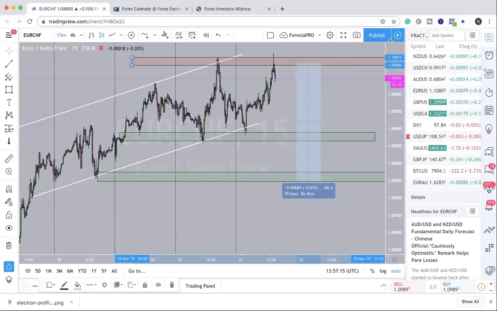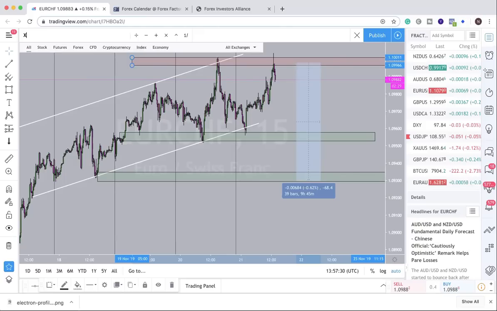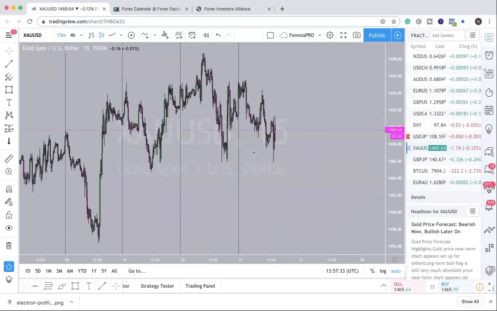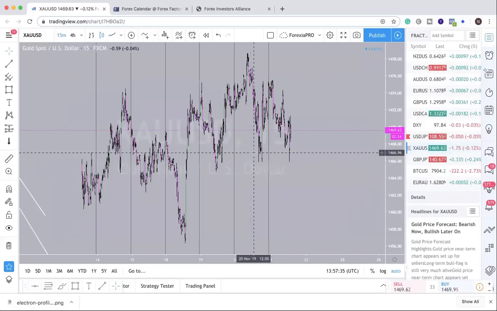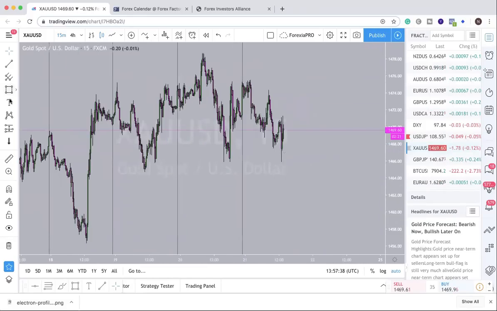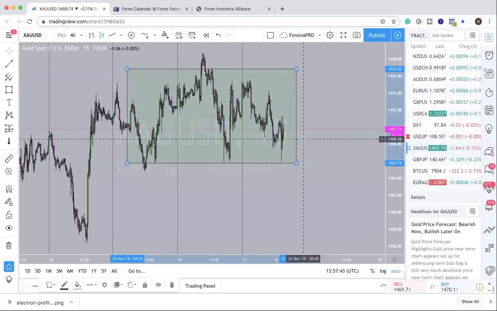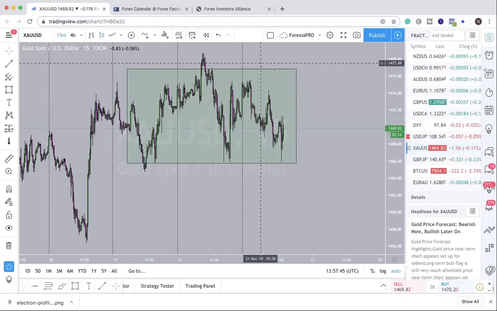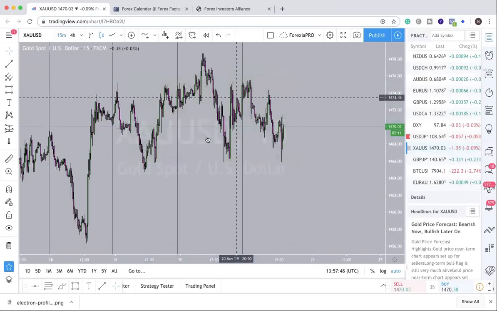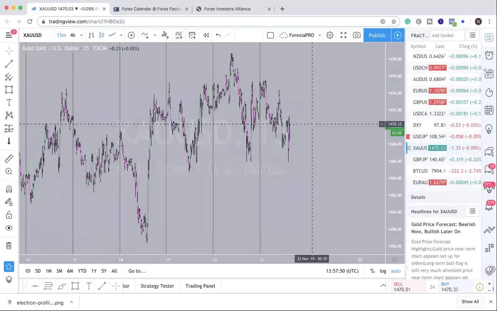All right, let me look at gold one second. Gold doesn't really look very good. It's kind of in consolidation. Well, it's in a range. It's just in a range of consolidation right now. I don't even really see any setup on gold.